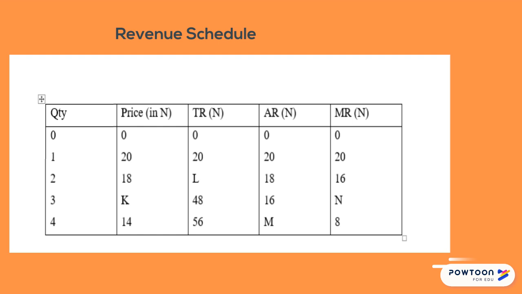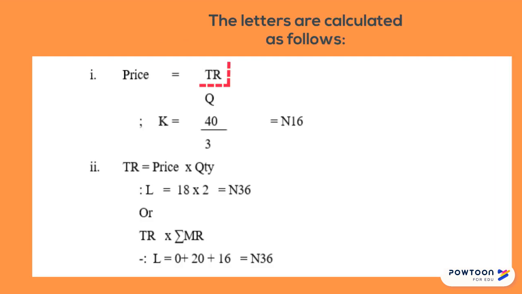Hence, it is obtained by using the formula. Here, we have to calculate the value of K, which is price, as follows. Total revenue divided by quantity. That is 40 divided by 3, which is 16. So 16 is the value of K, which is the price.